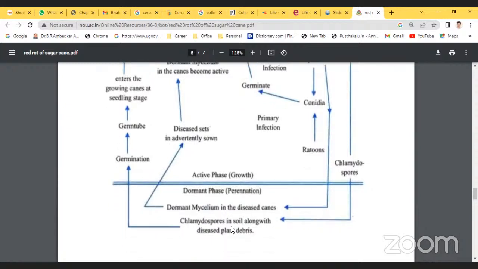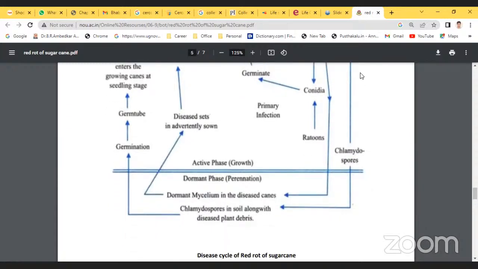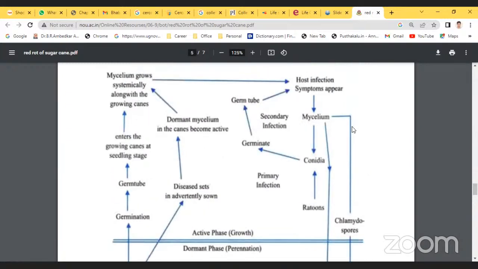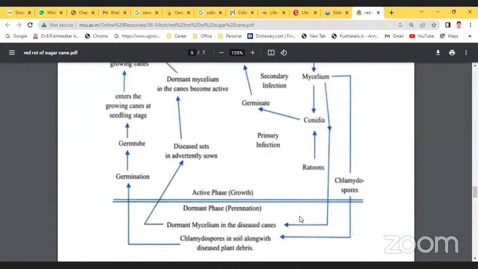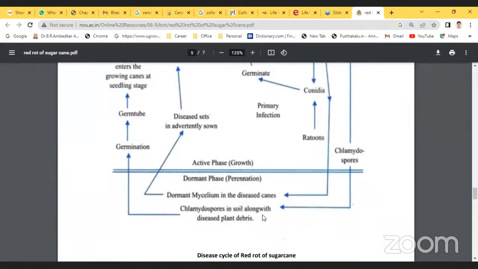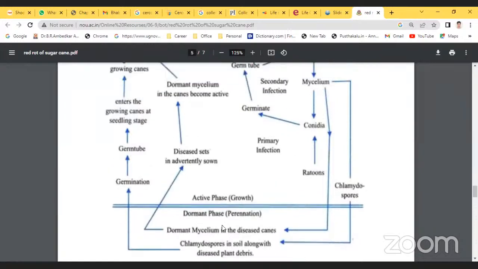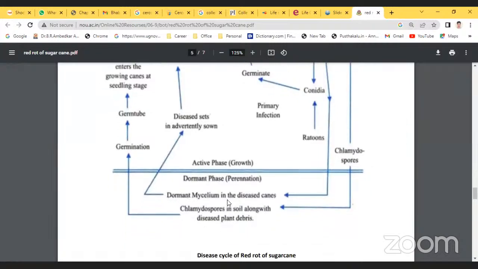Chlamydospores form directly from the mycelium. These chlamydospores remain in the soil along with the diseased plant debris, in two ways: dormant mycelium in the diseased canes, and chlamydospores in the soil along with the diseased plant debris. Then germination occurs.